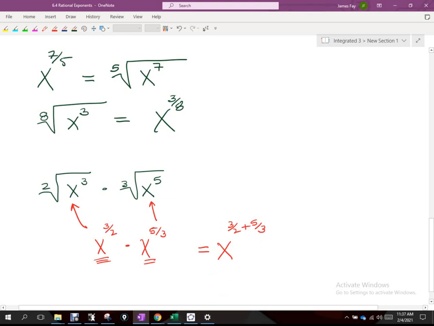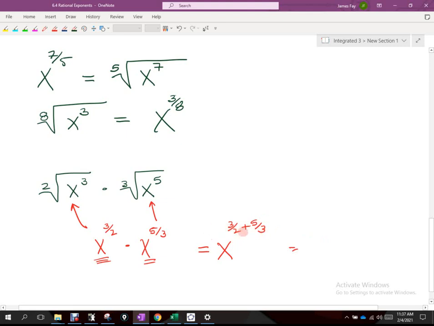Now that's a nasty set of numbers as fractions to add. What do I need if I want to add fractions? Common denominator. What's the common denominator going to be here? It doesn't have to be the smallest, but usually that's the best for us. So we're going to say the smallest number that the denominators can both go to through multiplication.